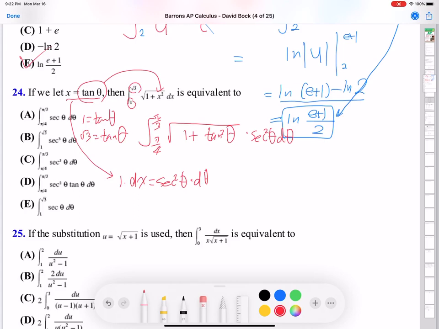You're almost there. By Pythagorean identities, 1 plus tangent squared theta is what? That part is going to be secant squared theta, right?